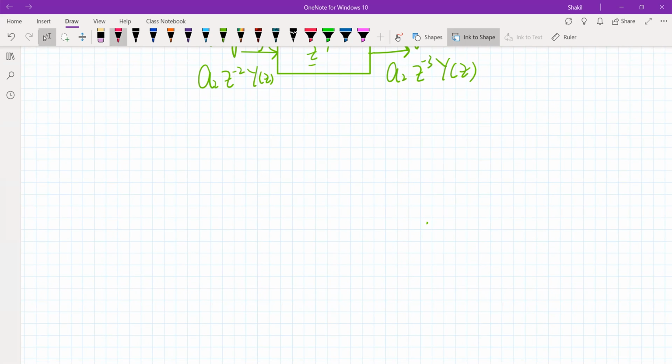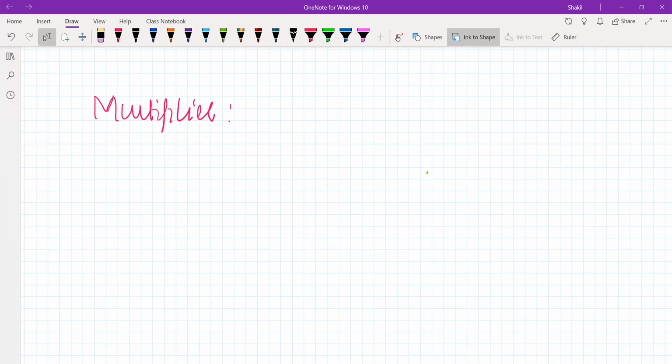Now the second element that we require here is the multiplier. The multiplier notation used in discrete time is this. So this is the notation of a multiplier.